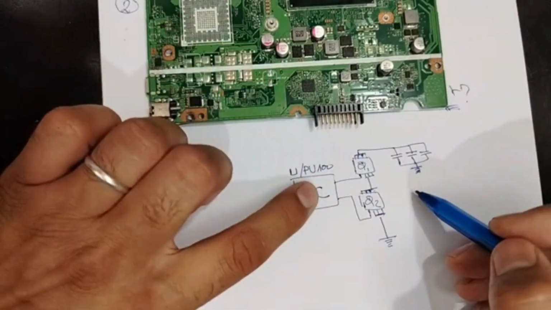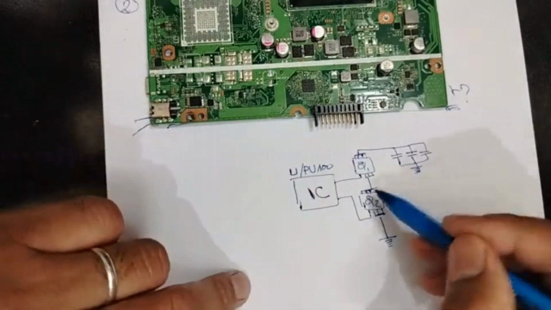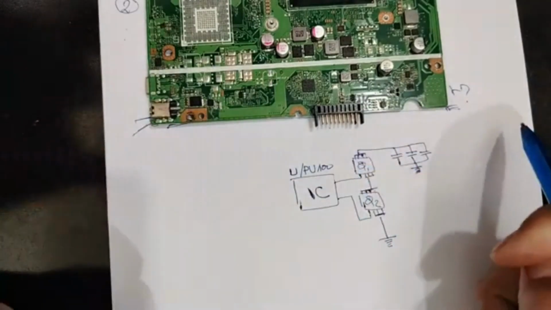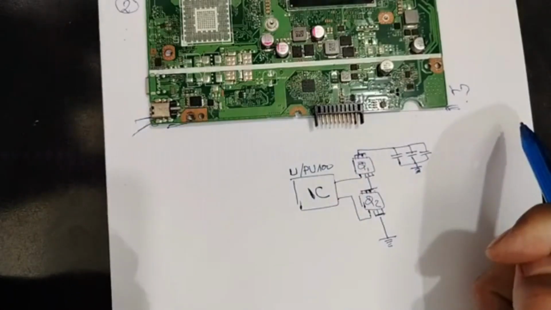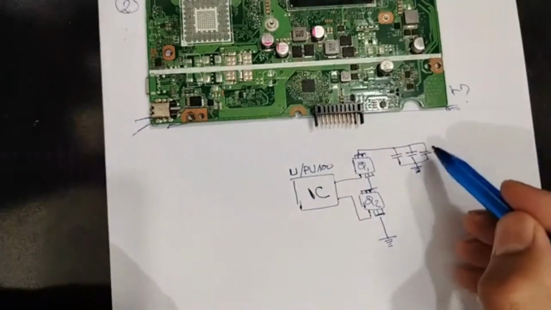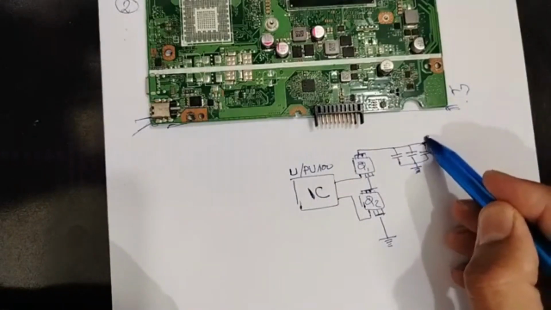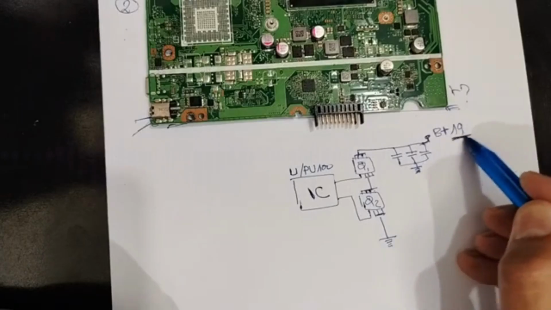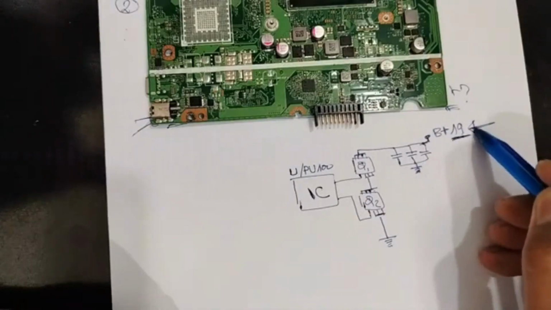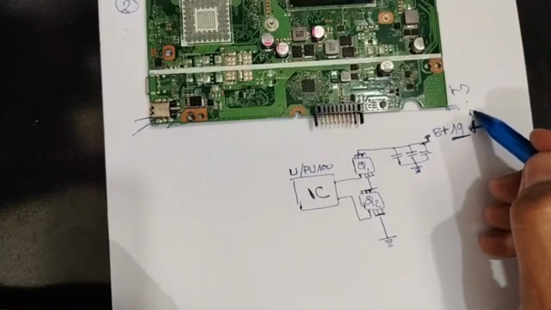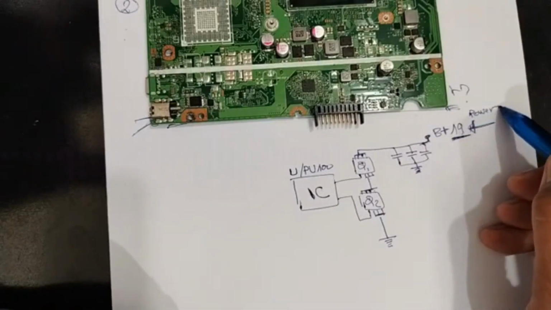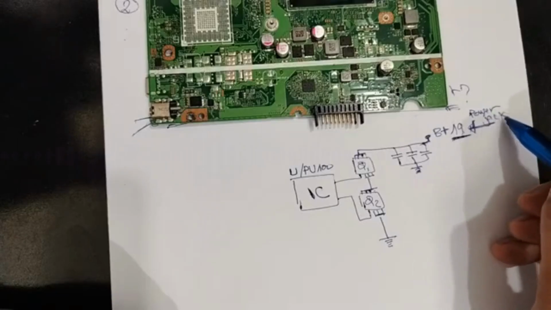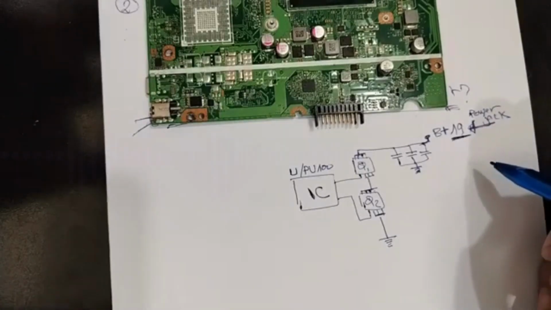I will teach you in the schematic, and we're going to check the most common faults that you have to check first. Okay, so here we have basically the input. Here we have B plus 19 volt coming from the input, okay, coming from the power adapter or the power jack. Let's see, 19 volt. Okay, my friends.